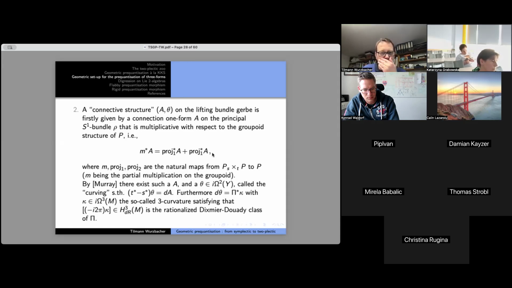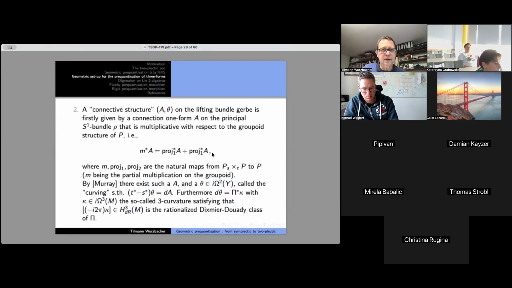So it's a similar construction, only you end up on level 2 with the first Chern class, and higher Chern classes are forms with even degrees, but otherwise it's a bit similar. So this is a 3-curvature, and the cohomology class of this gives again the Dixmier-Douady class. Okay, so this is a construction of Murray.